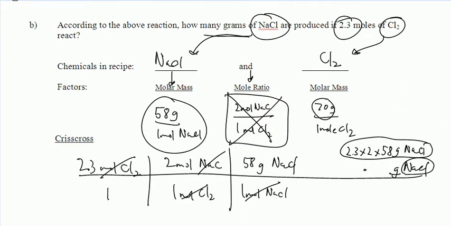In this problem, I'm starting with 2.3 moles of Cl2, and I'm ending with grams of NaCl. Because I need to involve grams of NaCl, I'm going to have to loop in the molar mass value for NaCl, which is that. I always need to use the mole ratio value, and from there I'm good to go.